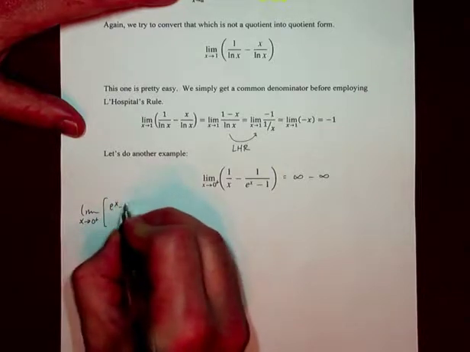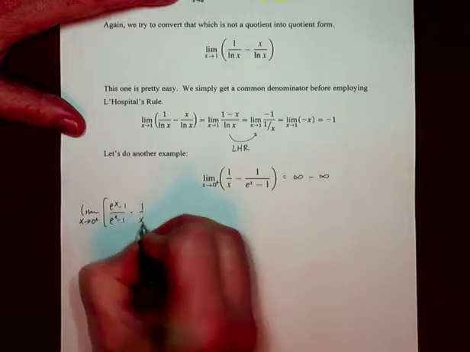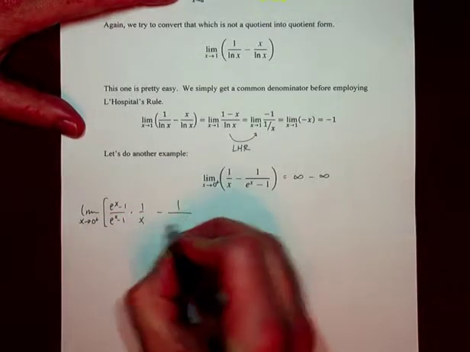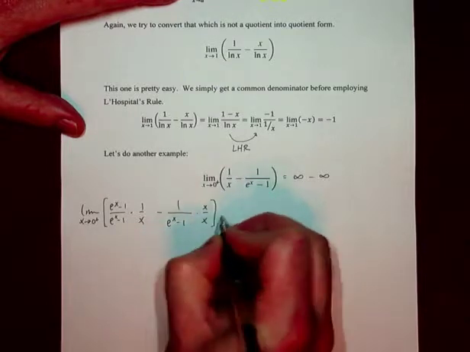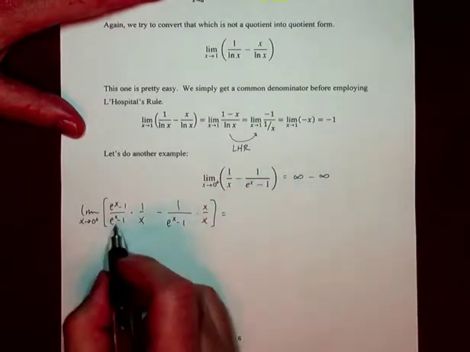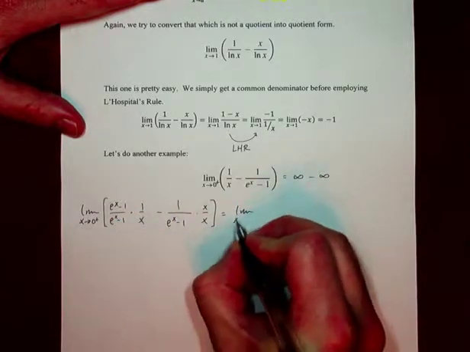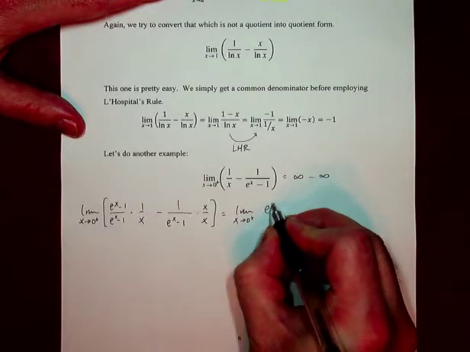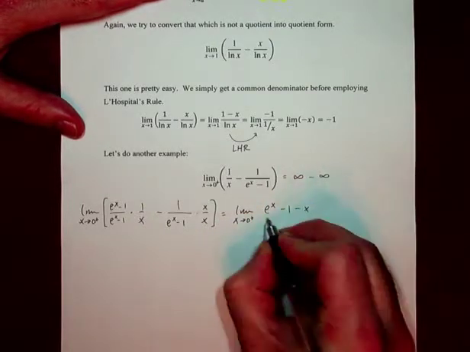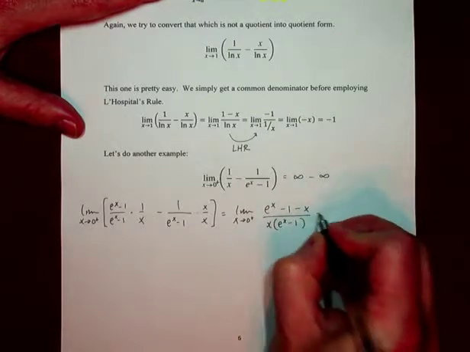E to the x minus 1 over e to the x minus 1 times 1 over x, minus e to the x minus 1 times x over x. Okay? And then when that simplifies, you're going to have the same denominator. You're going to get the limit as x approaches 0 from the right of e to the x minus 1 minus x, all of that over x times e to the x minus 1.